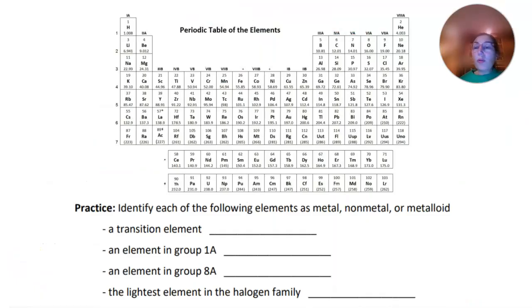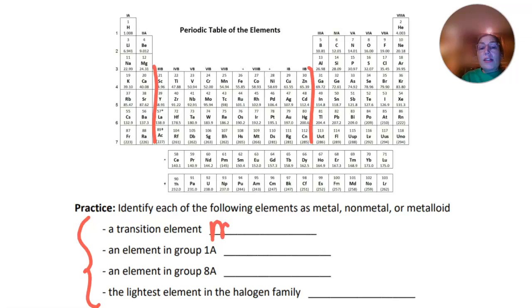Okay, but one last thing before we move on from the periodic table is just a little bit of practice. So this is a great time to hit pause and try these practice problems on your own. Okay, did you try these? Let's identify the following elements as metal, nonmetal, or metalloid. A transition element. Okay, so transition elements were here between what I sometimes jokingly call these goalposts.